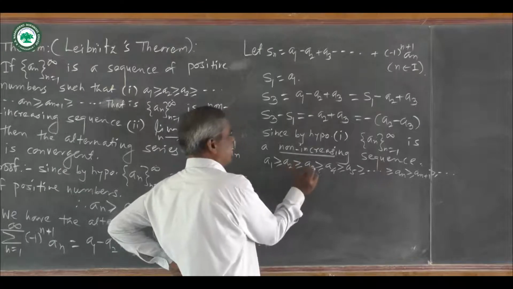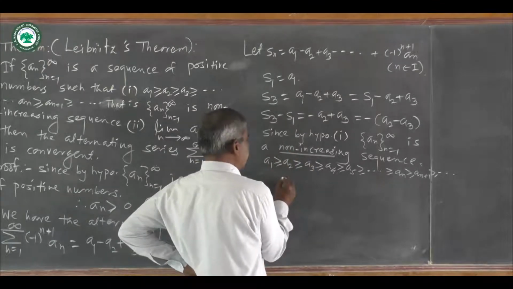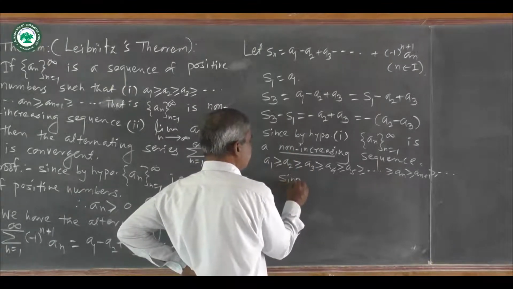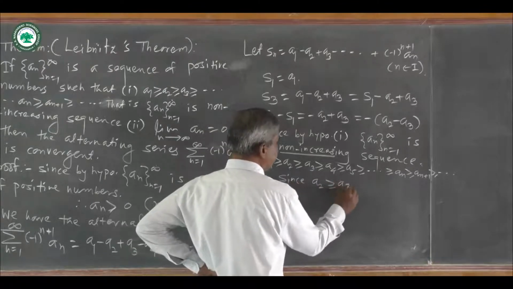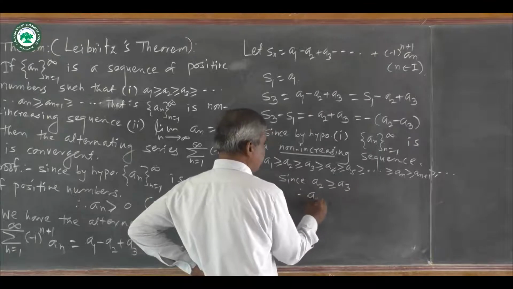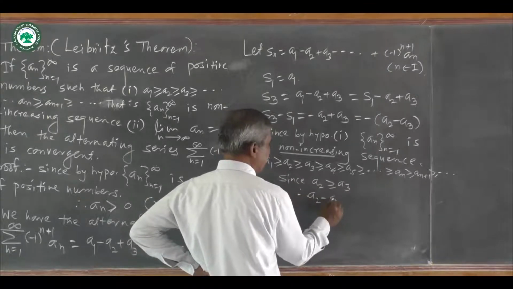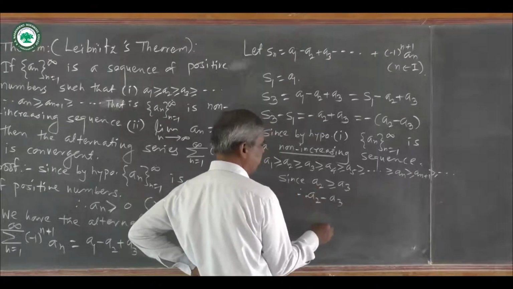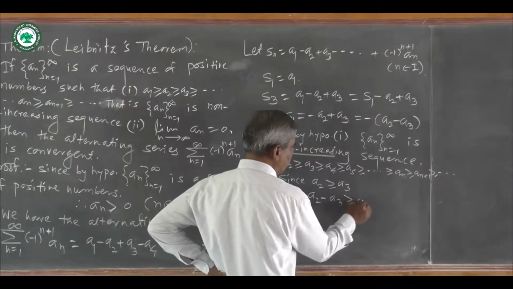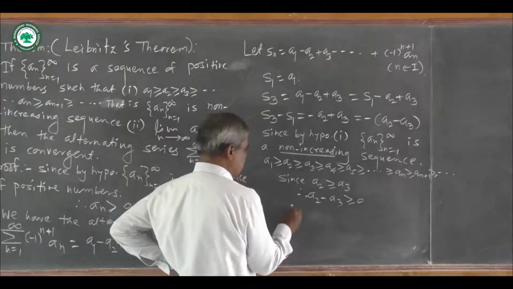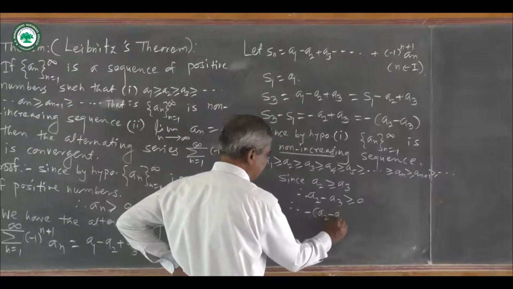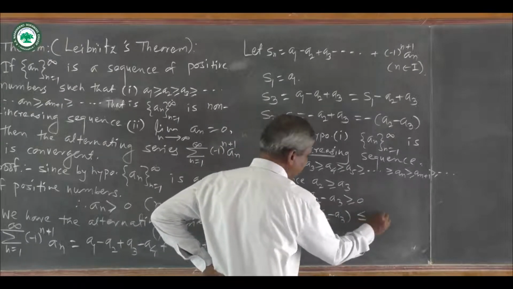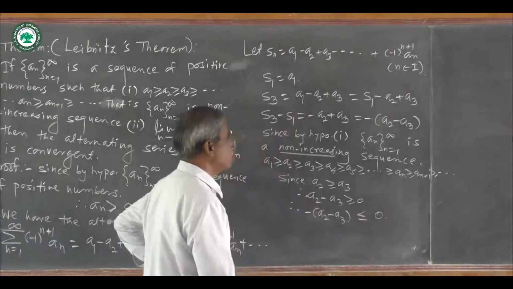Since A2 is greater than or equal to A3, therefore A2 minus A3 is greater than or equal to 0. Therefore minus times A2 minus A3 is less than or equal to 0.